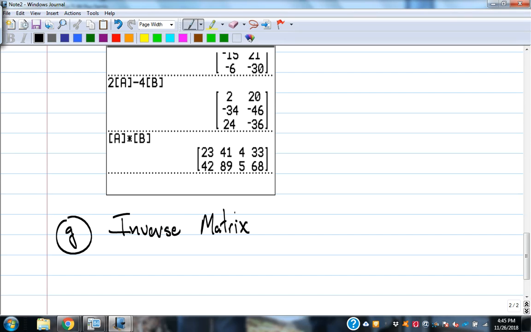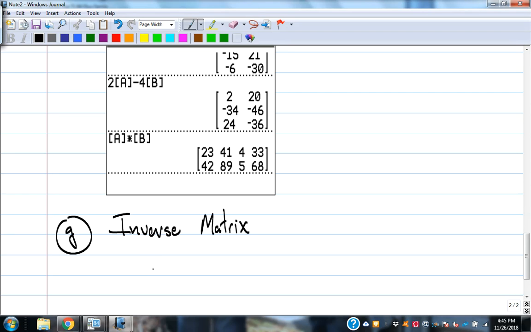An inverse matrix. There's no such thing as matrix division. It does not exist. You cannot divide by a matrix, but you can multiply by its inverse. So this is kind of our ticket to being able to, when we would normally divide a number, use the inverse. Dividing is the same as multiplying by a multiplicative inverse in regular numbers.